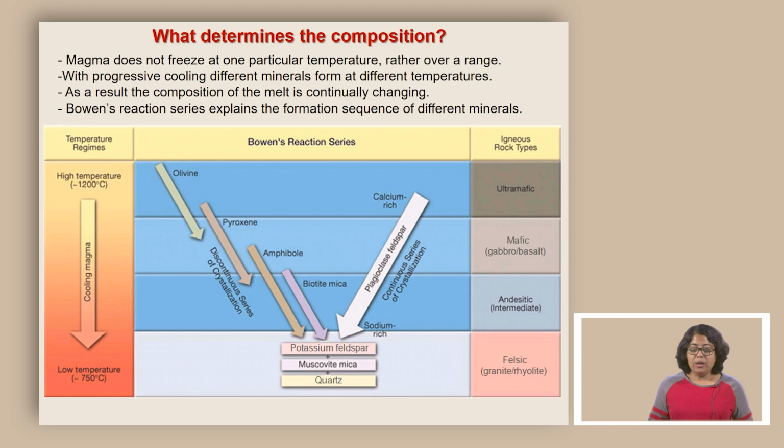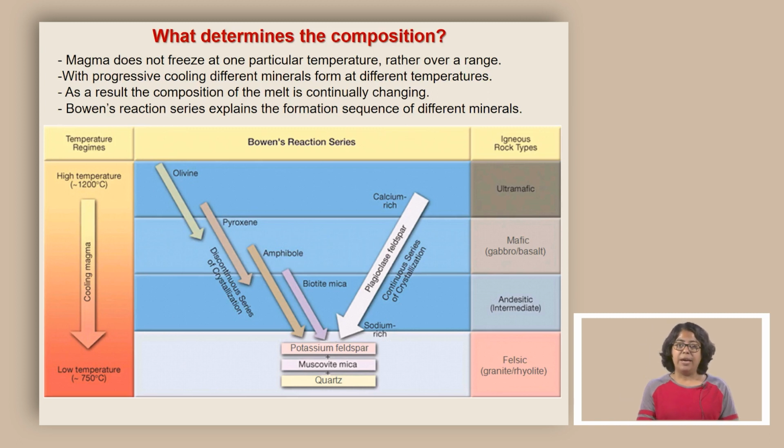So, one very important contribution to understanding the nature of igneous rocks and compositional variation is Bowen's reaction series. Bowen's reaction series explains the formation sequence of different minerals. So, let us try to understand this particular diagram.